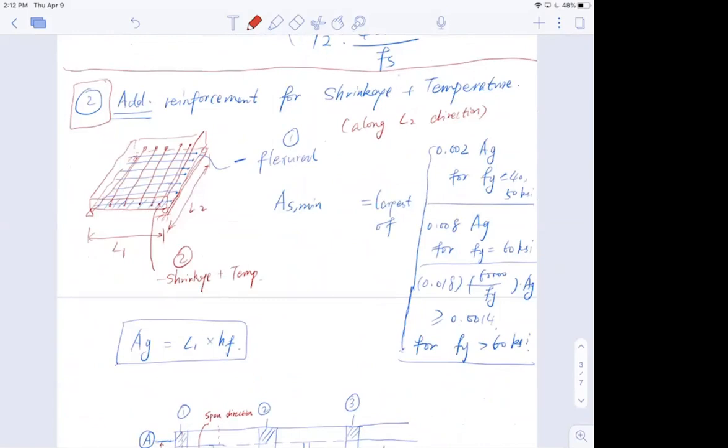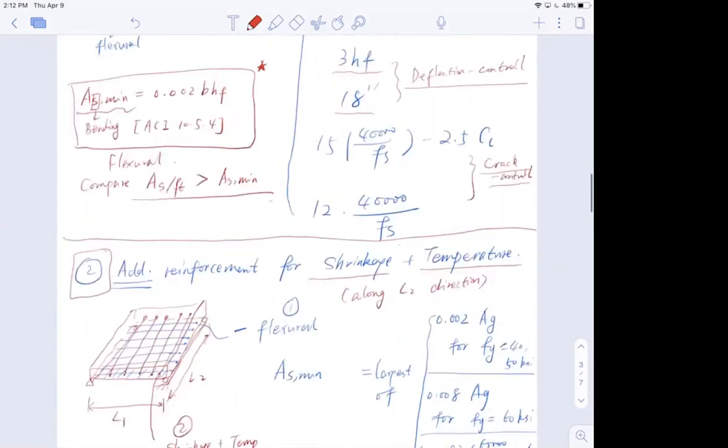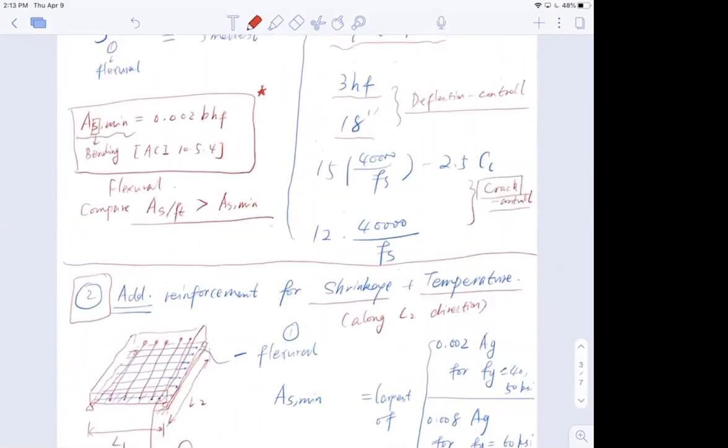Category two, we actually have to consider shrinkage and temperature. But be careful here, this shrinkage and temperature reinforcement is in a different direction. Since we already have flexure reinforcement, which already takes care of the crack and deflection, it's usually more than sufficient to take care of the shrinkage and temperature in this main span direction.